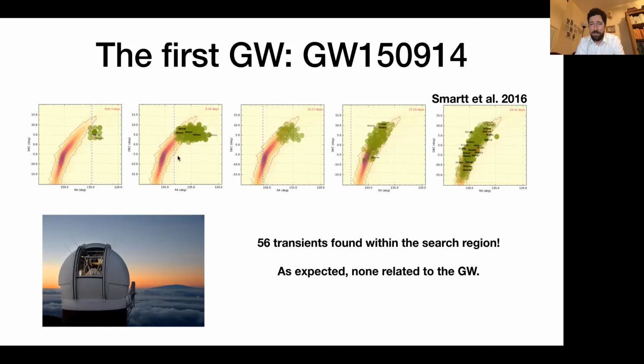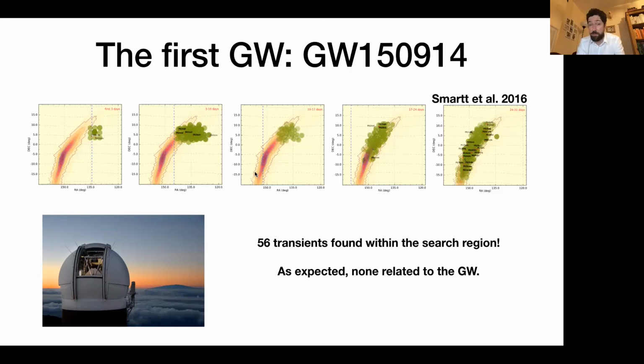And what was found? Well, first of all, nothing related to the gravitational wave was found, and this is actually as expected. For the merger of two black holes, you don't expect to see anything in visible light or any sort of optical light. The only thing you really should see is gravitational waves.